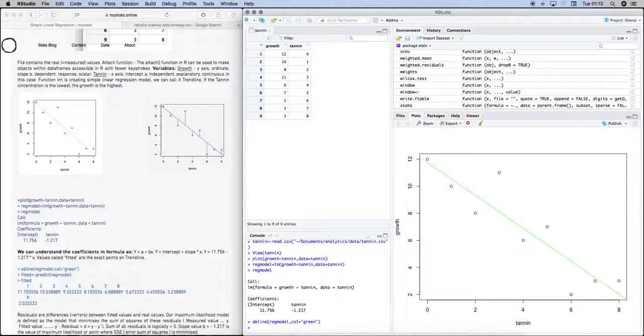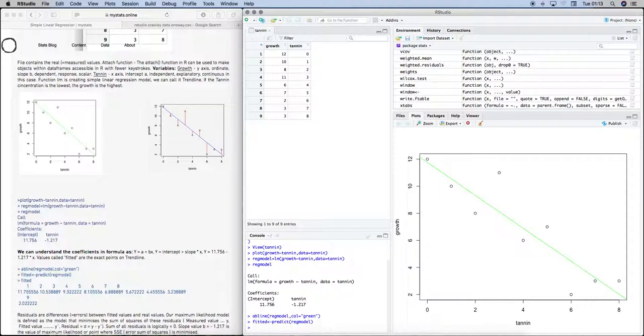And on the green line, there are our predicted or fitted values. So we can create the object fitted, and there we can save our predicted values on the green line from the model reg model.